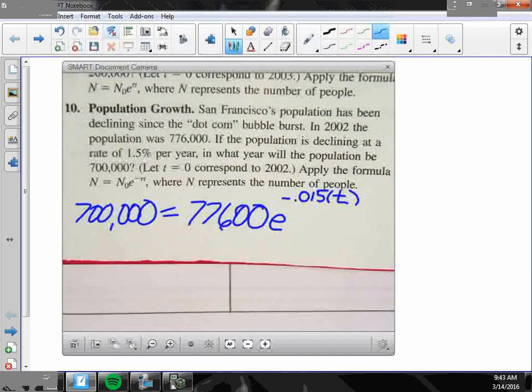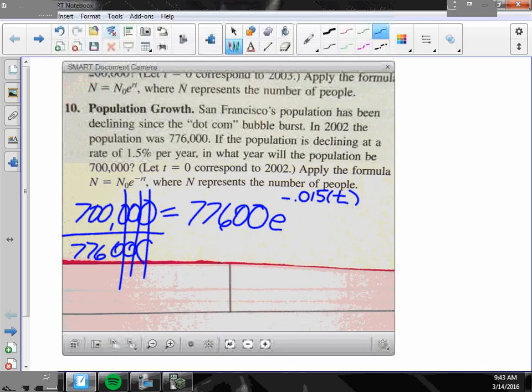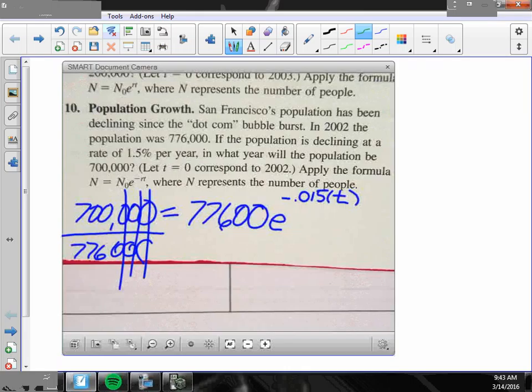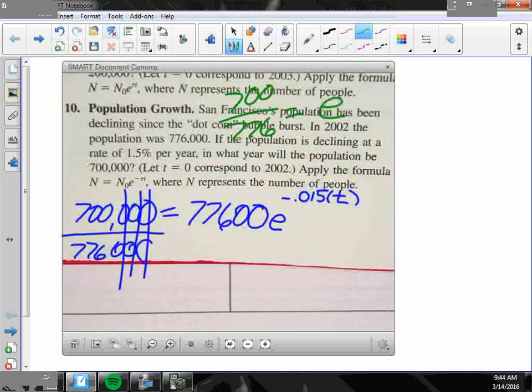How do we solve this? We're going to log both sides, but I can't yet. I need to isolate the base. So I'm going to divide by 776,000, and right off the bat, I'm going to cancel all those zeros. So 700 over 776 is equal to e raised to the negative 0.015t.